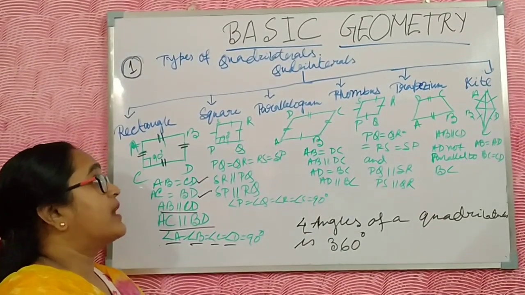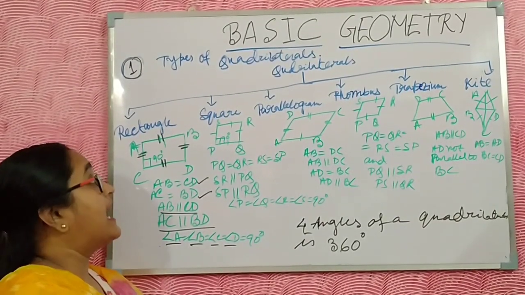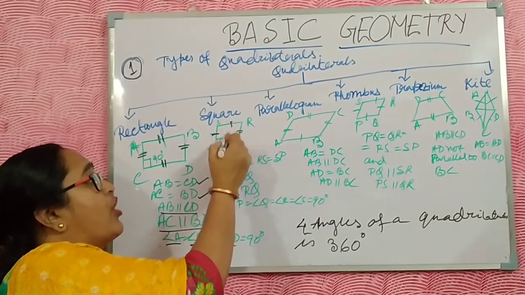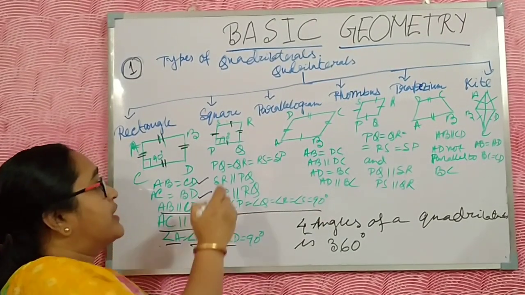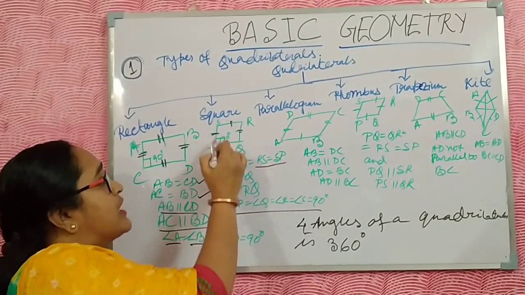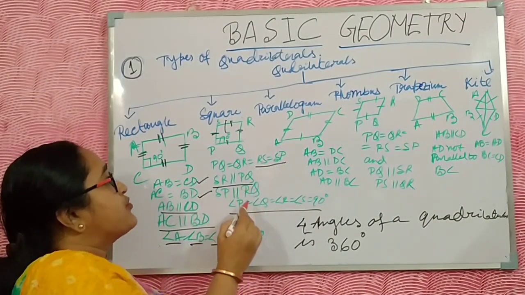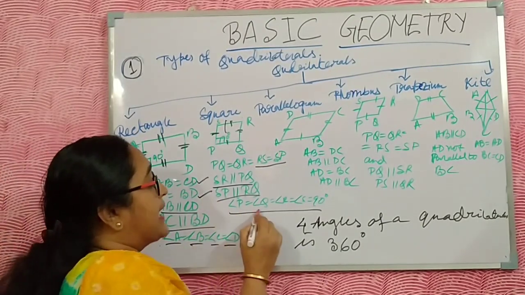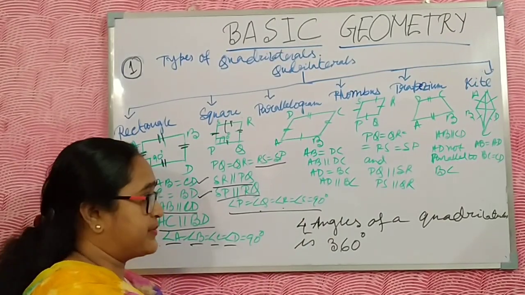A square is a quadrilateral having four equal sides. The opposite sides are parallel also, and each angle is 90 degrees. PQ is equal to QR is equal to RS is equal to SP, SR is parallel to PQ and SP is parallel to RQ, and angle P, angle Q, angle R and angle S are equal, each 90 degrees.